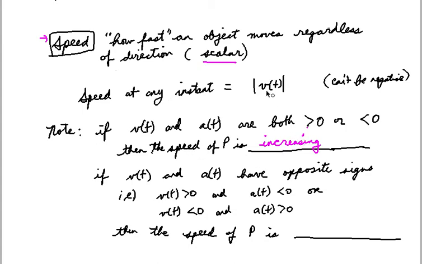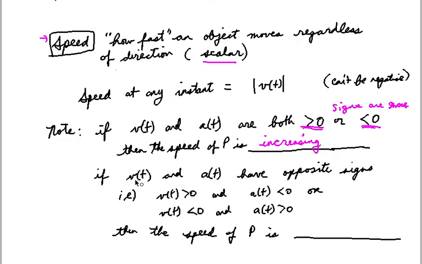That means the value of the number will be growing. That's also true if both velocity and acceleration are negative. So if the signs are the same on a certain interval, then we can say that the speed of p is increasing on that interval.